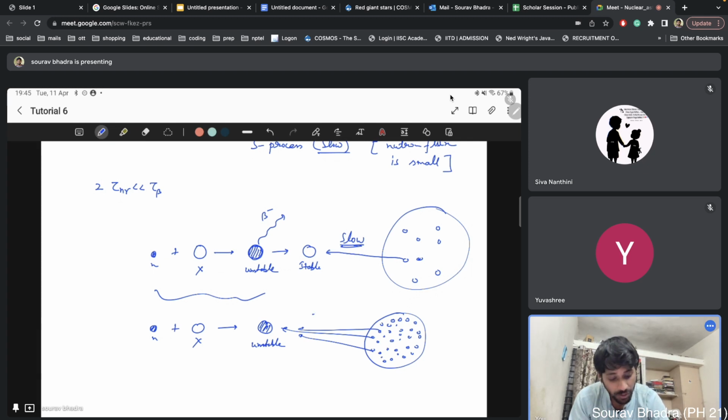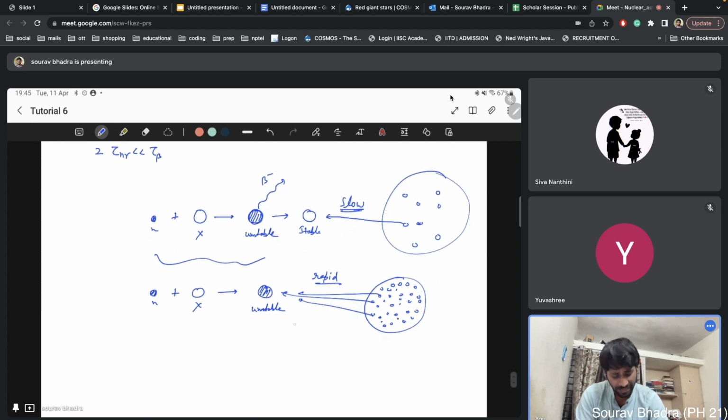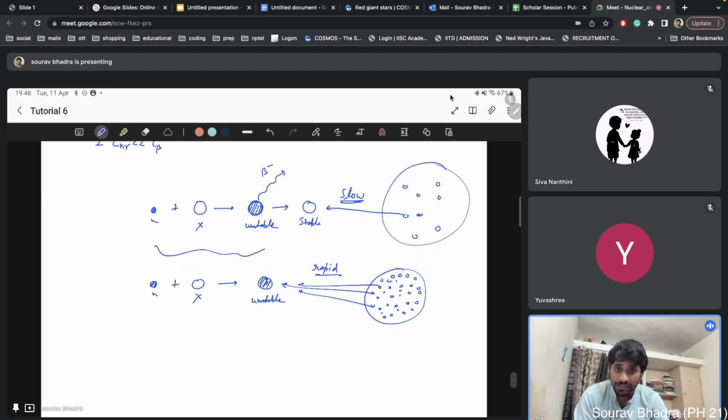That's why it is called a rapid process, the R process. So that is the main reason why the names are slow and rapid. So what will happen in this second case is that successively it will go through rapid neutron reactions, and it doesn't have time to go through the beta decay. After all the reactions have happened, the neutron flux decreases.